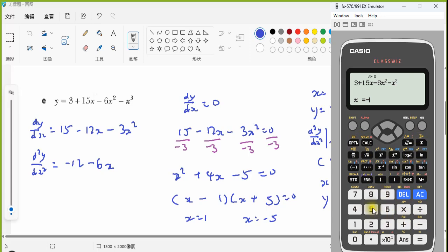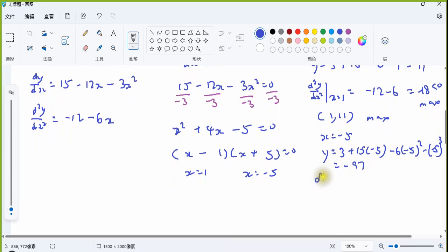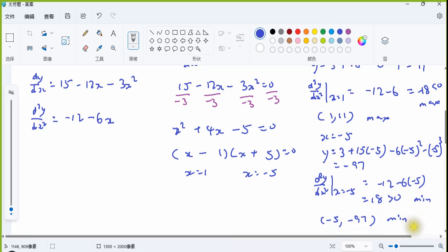So when we substitute with negative 5, it is negative 97. The second derivative when x equal to negative 5 will be negative 12 minus 6 times negative 5. So it will be 30 minus 12, 18, greater than 0. So it is the minimum point. So (negative 5, negative 97) is the minimum point.